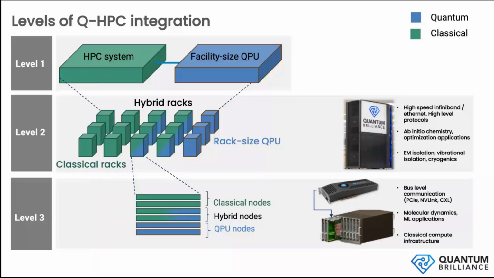So that's level 3 for us, and that could be used for molecular dynamics, machine learning applications with parallelization, and so on. And the advantage of level 3 is that we will use just the classical compute infrastructure. That's the goal, to really just use the classical compute infrastructure.